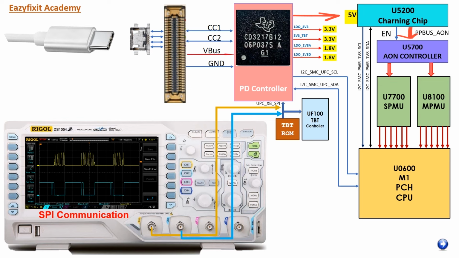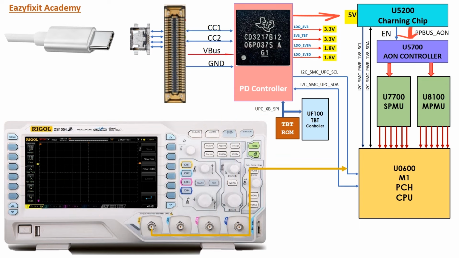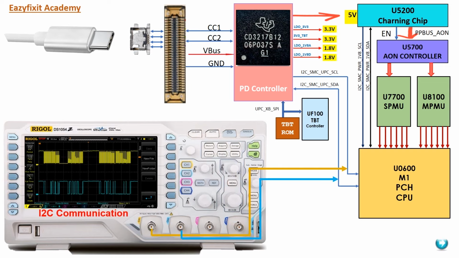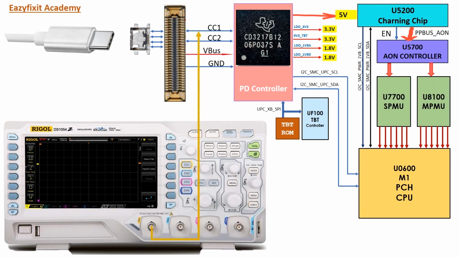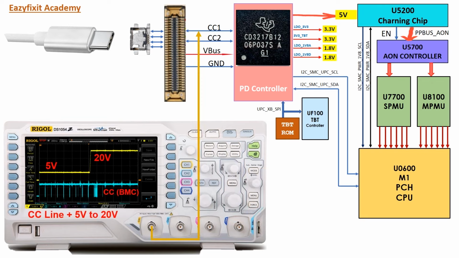through I2C protocols. And after that, what happened? You can see inside the oscilloscope the I2C communications happening. After that, one more time CC communication is happening, and from 5 volts it switches to 20 volts.